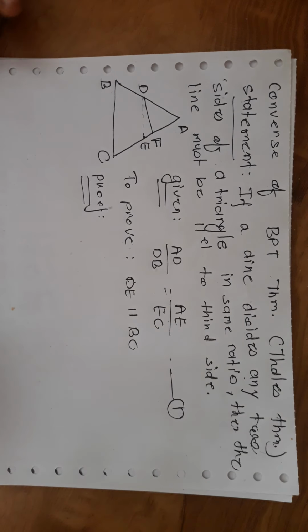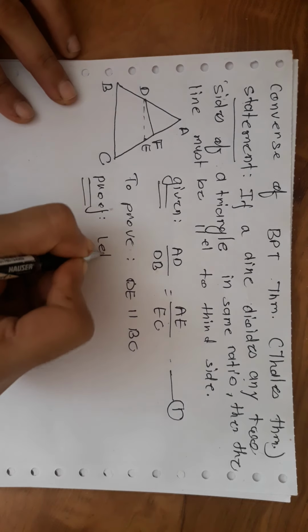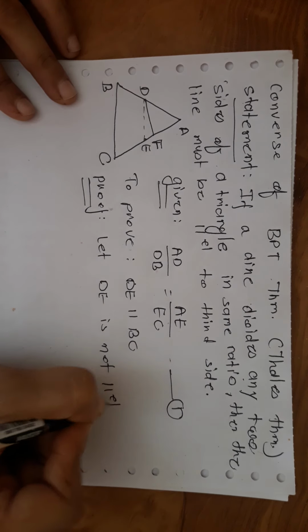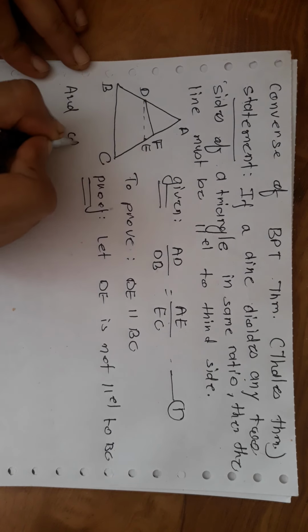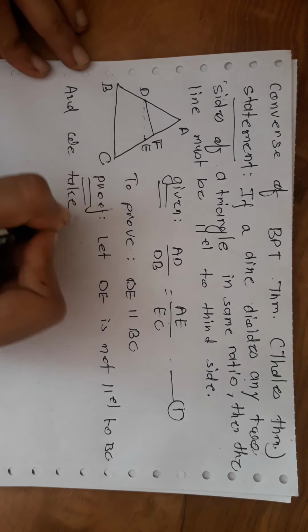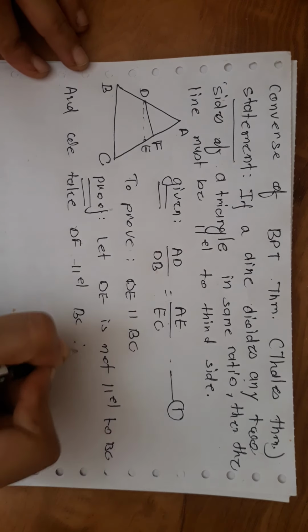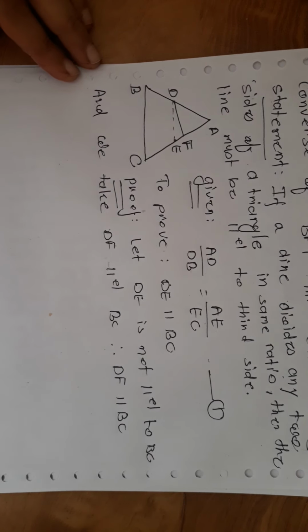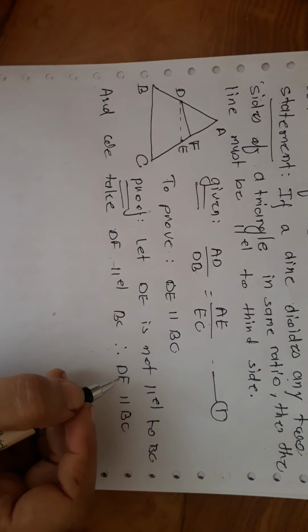So let's assume that in triangle ABC, DE is not parallel to BC, and we take DF parallel to BC. We just assume that DF is parallel to BC.